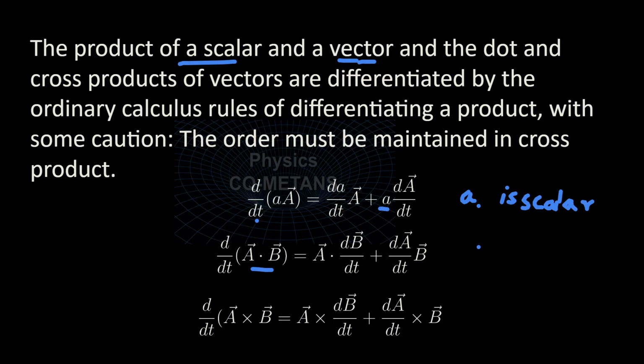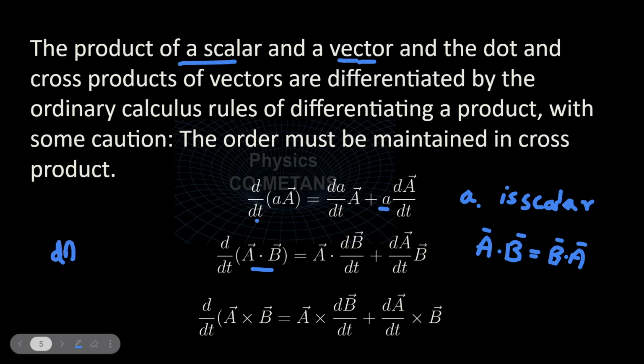A dot B, we know it is commutative. So A dot B I can write as B dot A because they follow the commutative property. If I differentiate this, dA by dt dotted with B is fine.